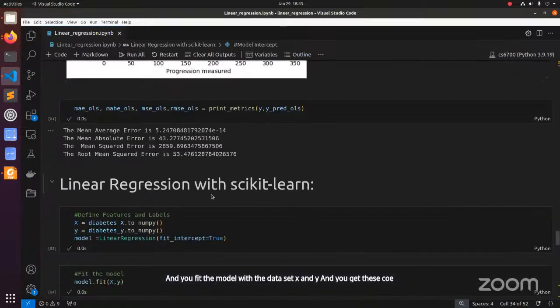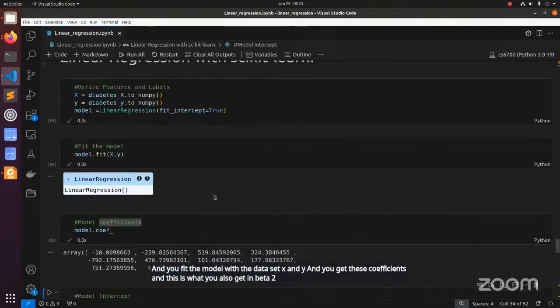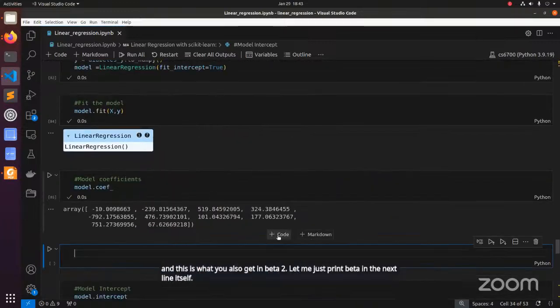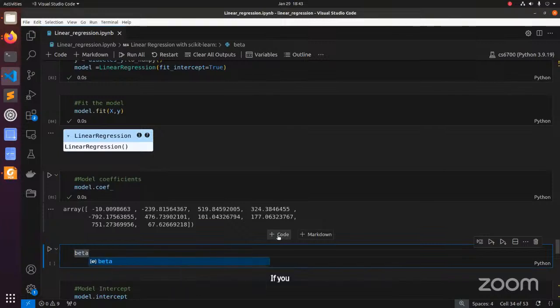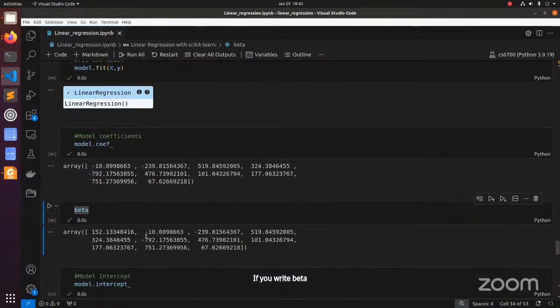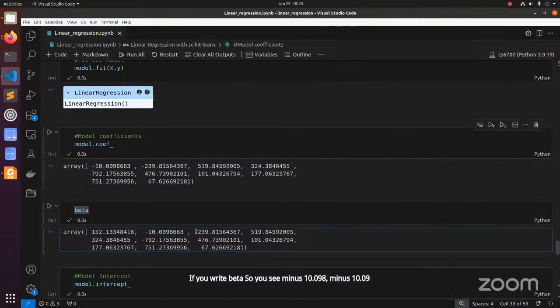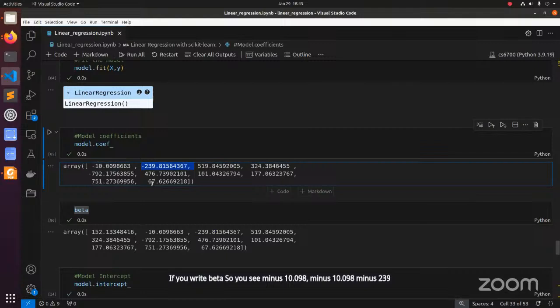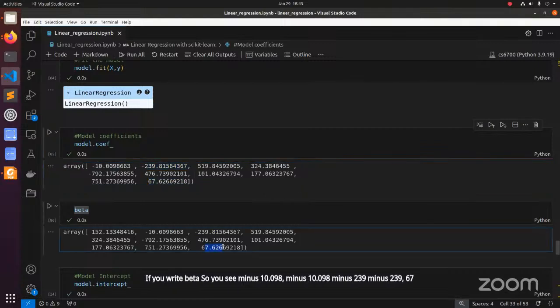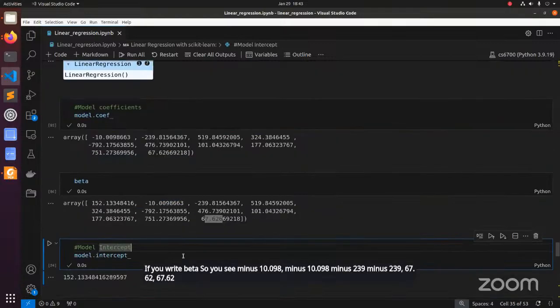And this is what you also get in beta too. Let me just print beta in the next line itself. If you write beta, you see minus 10.098, minus 239, 67.62, and the intercept is beta naught, and this is 152.133.